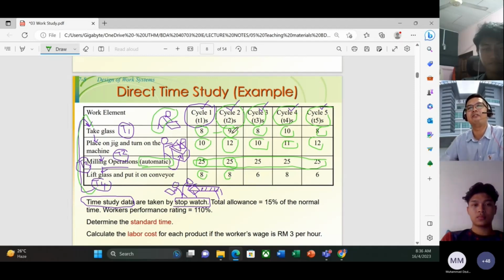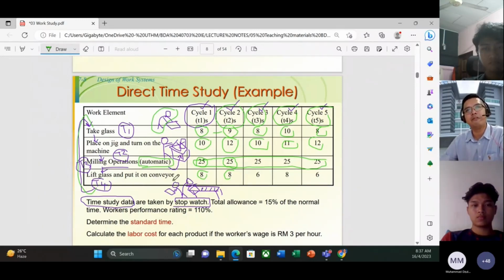That's why we have a different time each time to complete the work elements. Meanwhile, for the automatic operation run by machine, it will remain the same time. Please remember.